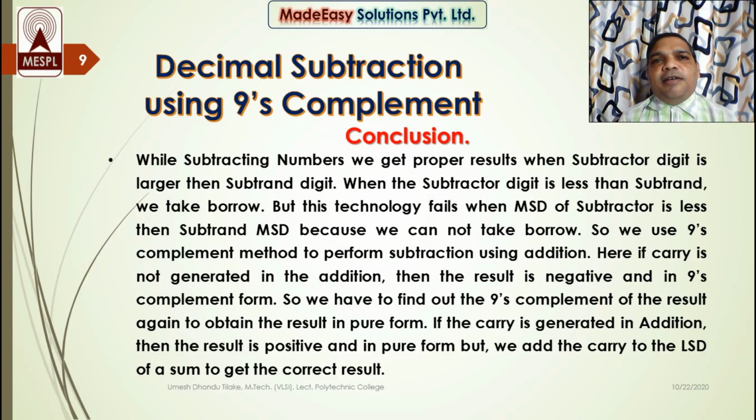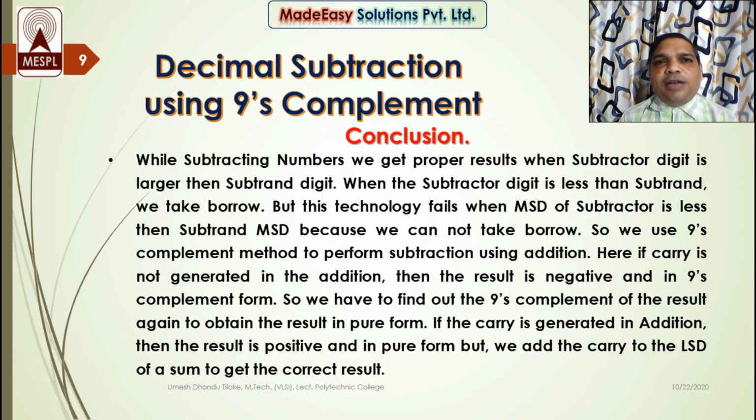In this technique we obtain the 9's complement of the subtrahend first, add the obtained 9's complement of the subtrahend with the subtractor and check the carry. If the carry is 0, it indicates that the result is negative and in 9's complement form. So we have to obtain the 9's complement of the result again to obtain the pure form of the difference.